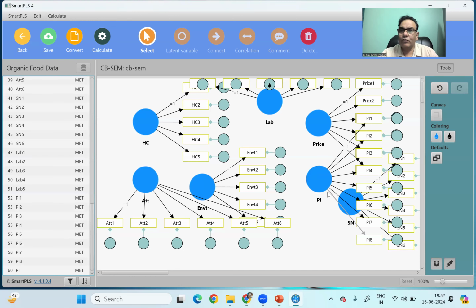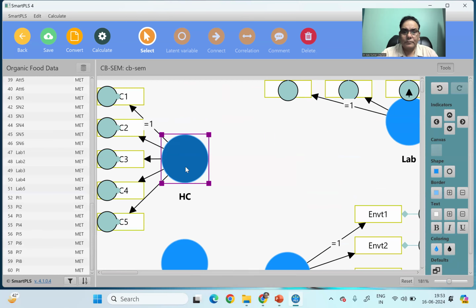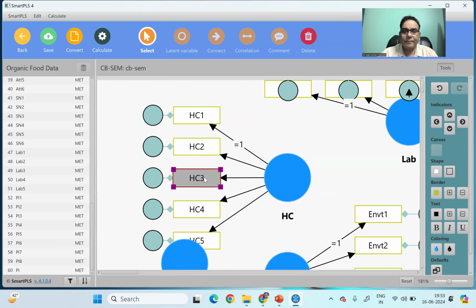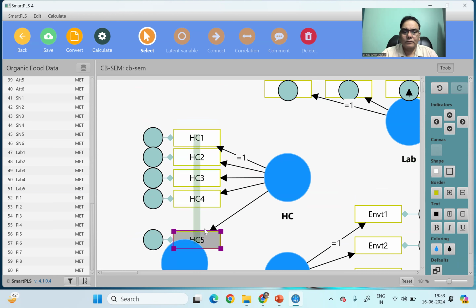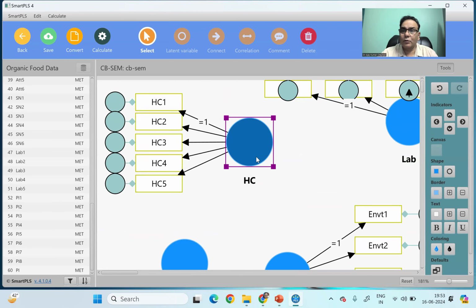So now we have to set the model. So we have to send to the left hand side. ये मॉडल बनाने से पहले इनको सेट करना जरूरी है.